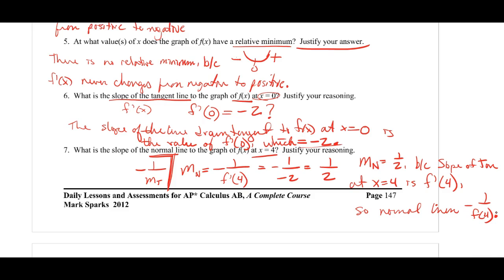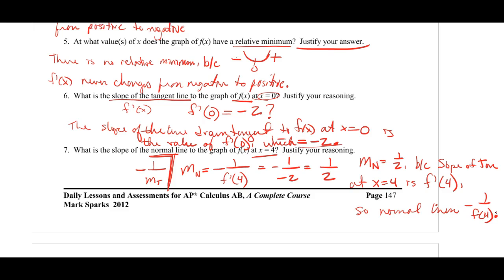So hopefully this helps us to understand the connections between increasing and decreasing of a function. Is the derivative being positive or negative? Because the derivative is the slope. The slope of the tangent line at that point, the slope is the derivative. Where the derivative is 0, I have a horizontal tangent and potentially a relative minimum or a relative maximum.